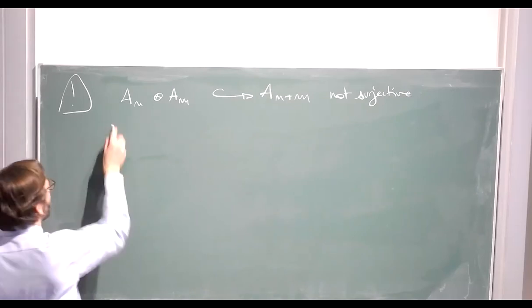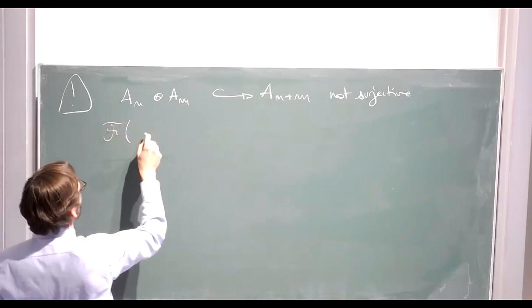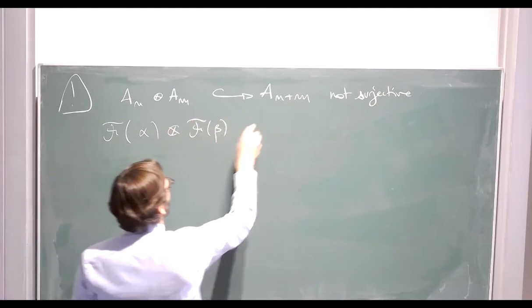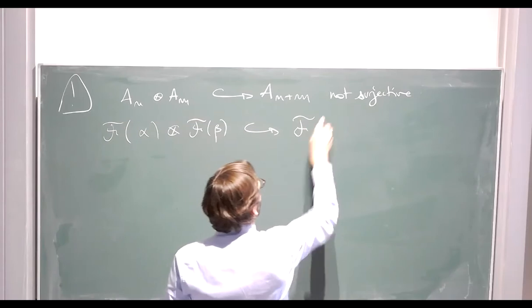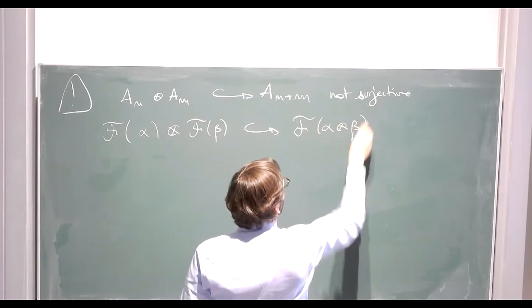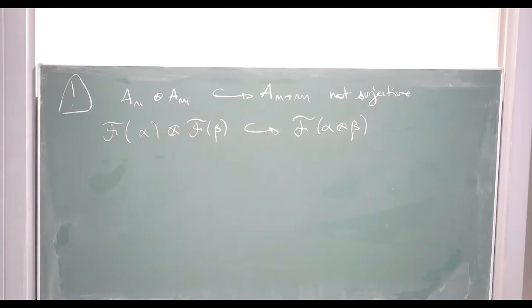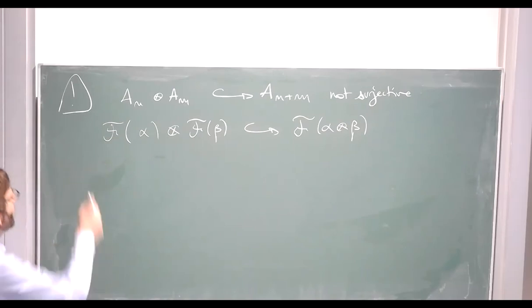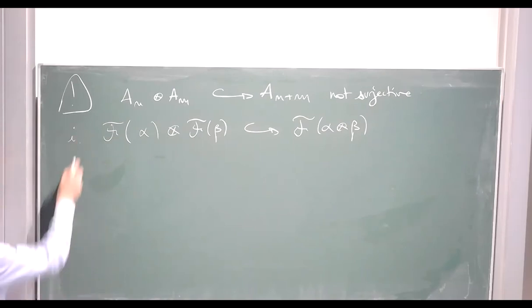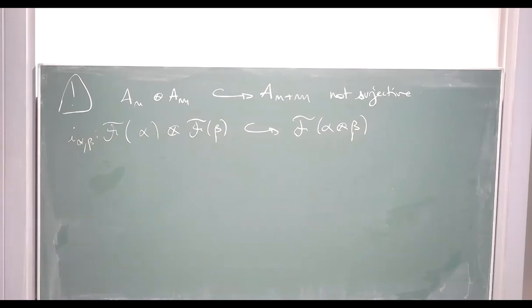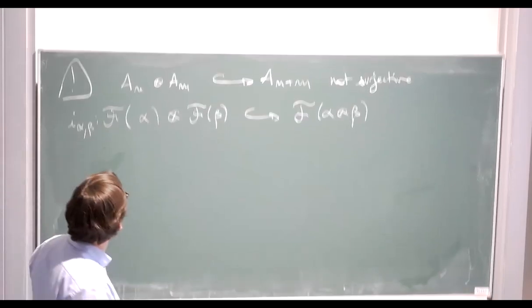So you have a functor such that when you have two objects, you have an inclusion into F of alpha tensor B. So that's not a tensor functor. That's a weak tensor functor. So basically, a weak tensor functor means for any pair of objects, you have an isometry like this. And these isometries should satisfy a set of compatibility relations, which are roughly the same as for a tensor functor. Don't write them down, but you can imagine them.